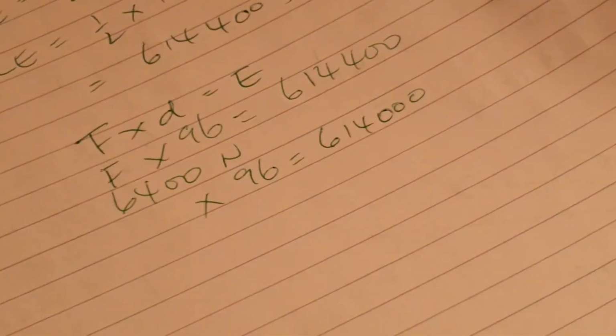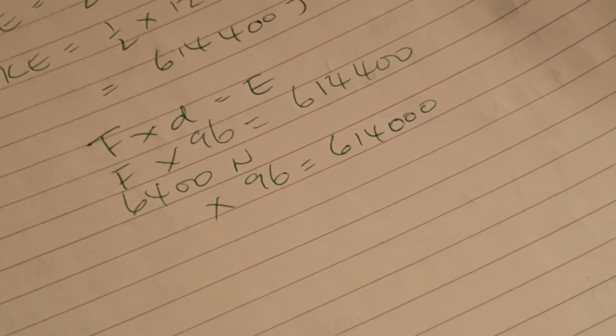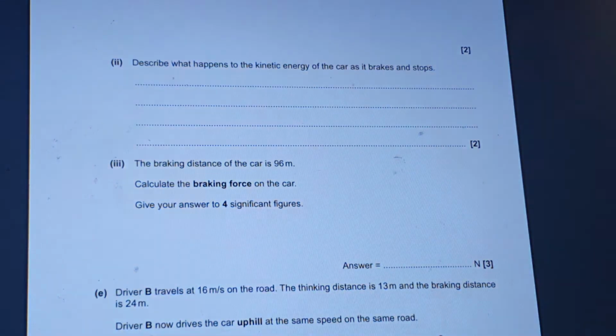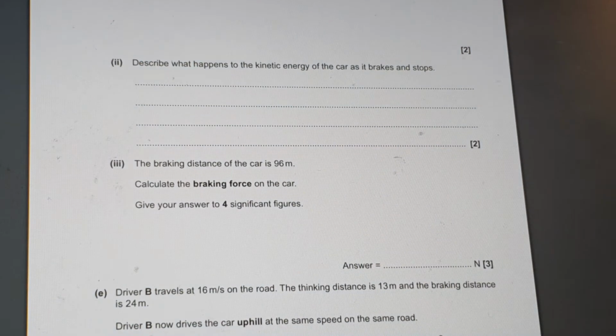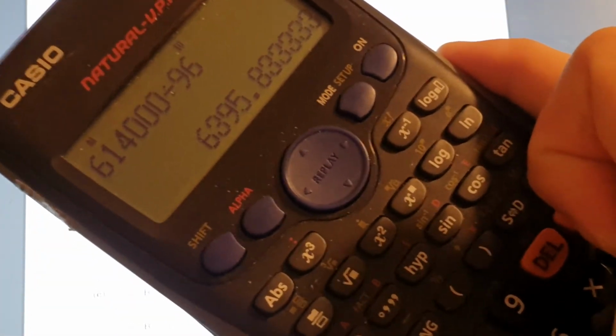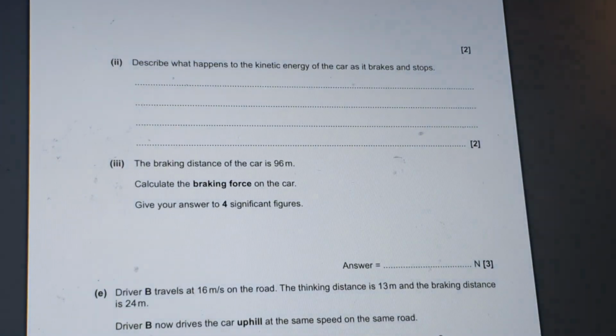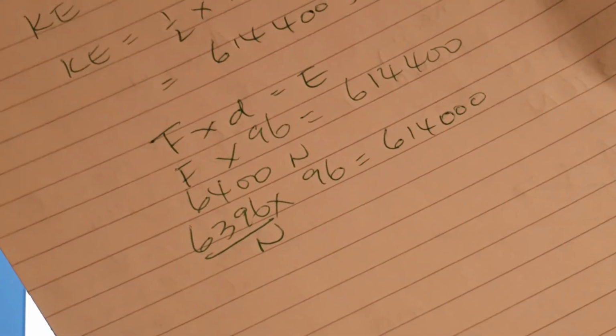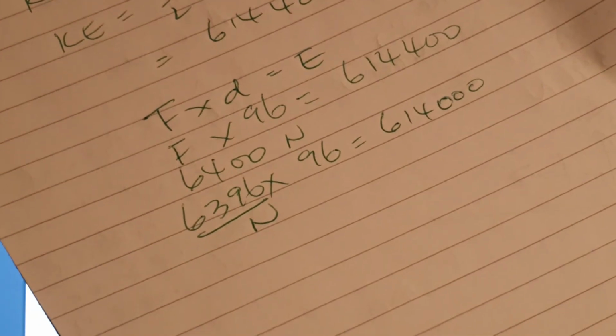So here the exact answer was 6,400, but we're going to have to use their number. If we do 614,000 divided by 96, you get this number, 6396, to 4 significant figures. 6396, and that's in newtons. So the underlined part is in newtons.